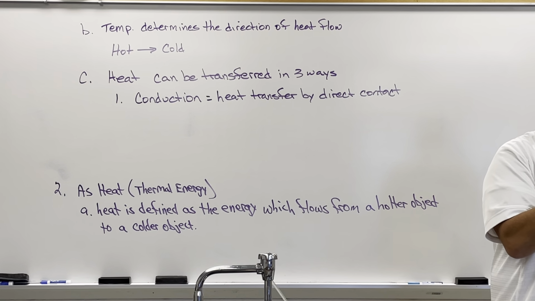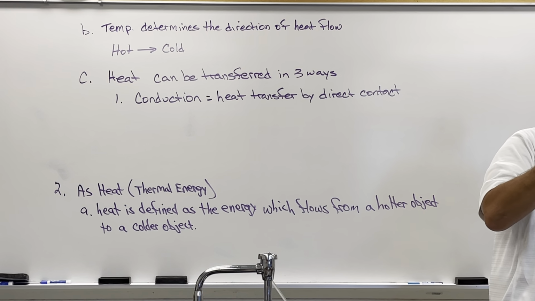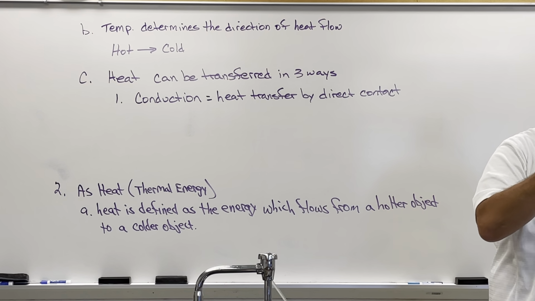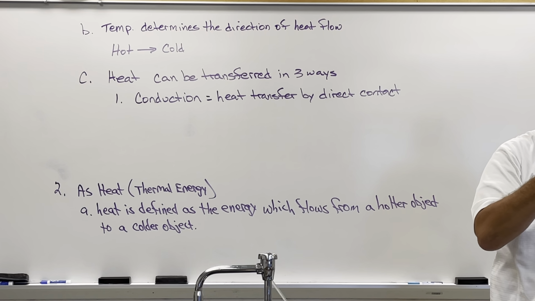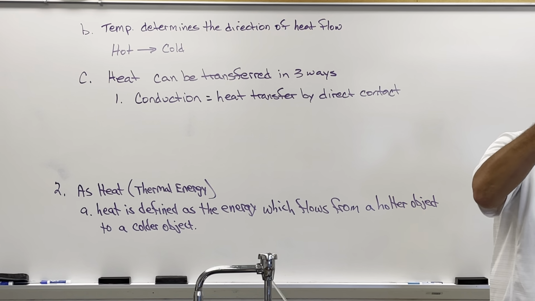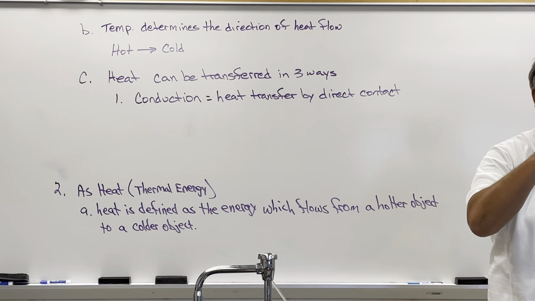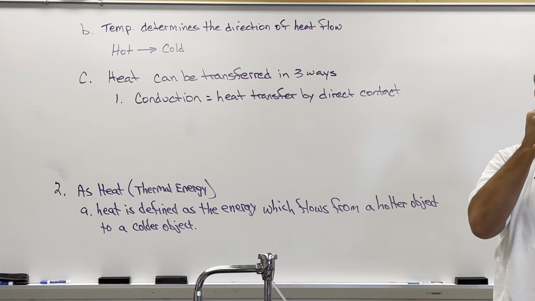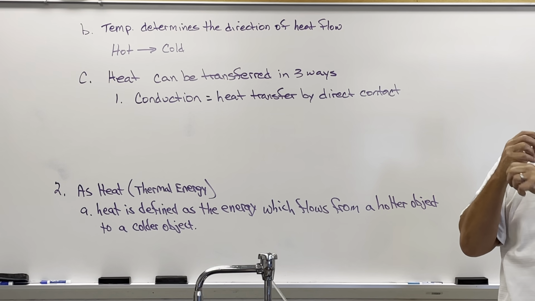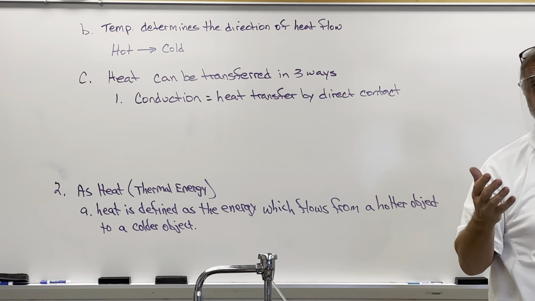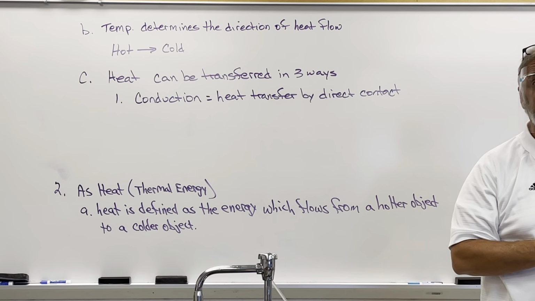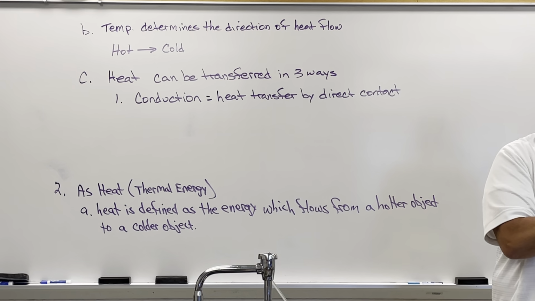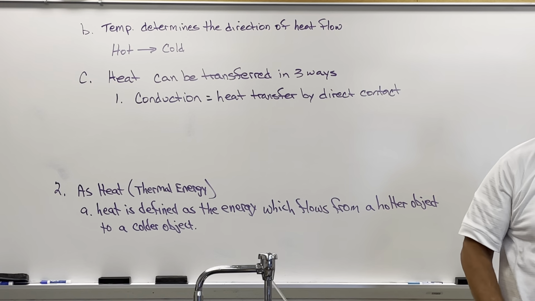Because they're touching other molecules, they bump into those and it transfers that heat and they start moving faster and faster. Eventually, all of the molecules of the pot, because they're all touching in one way or another, all start vibrating faster, and then that heat goes all the way down that handle, and the molecules are all moving very fast, and we could say it's very, very hot. But it's by direct contact, they're touching one another. Okay? What's another way?